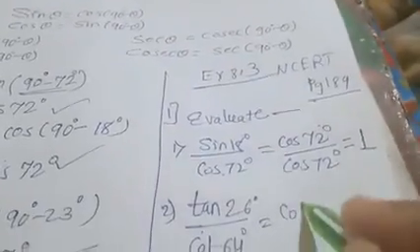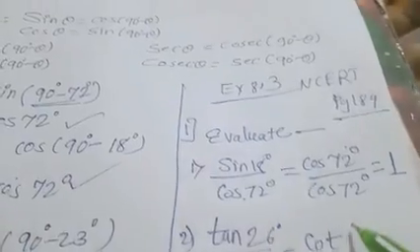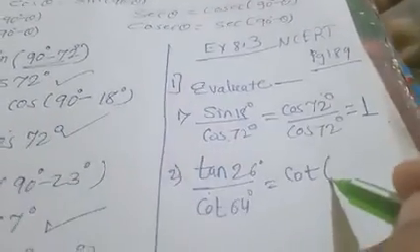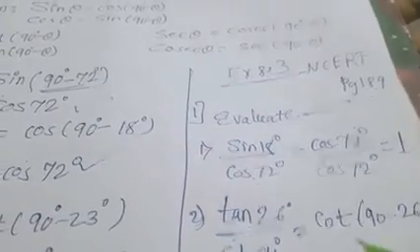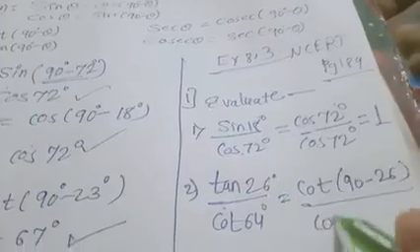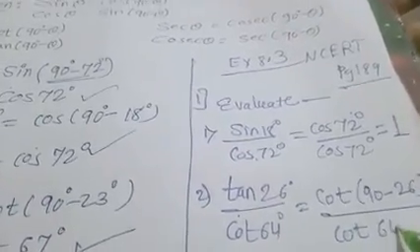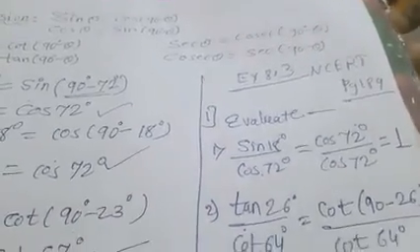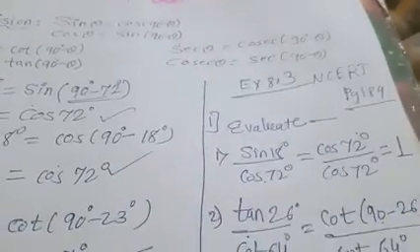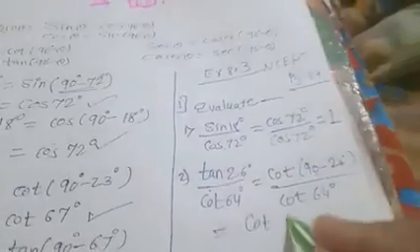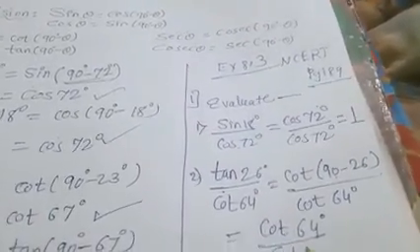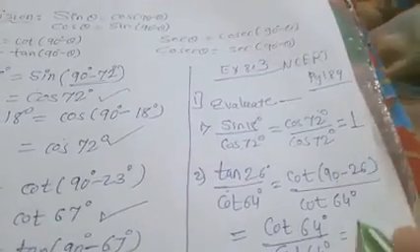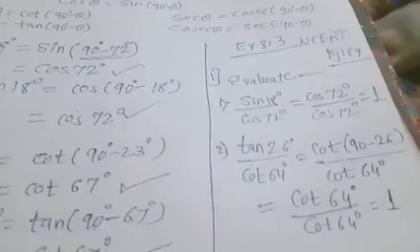Tan theta is cot 90 minus theta. That is, tan 26 is cot 90 minus 26, and down in the denominator cot 64 is as it is. Now 90 minus 26 is what? 64. Then cot 64 upon cot 64 gives you the answer 1.